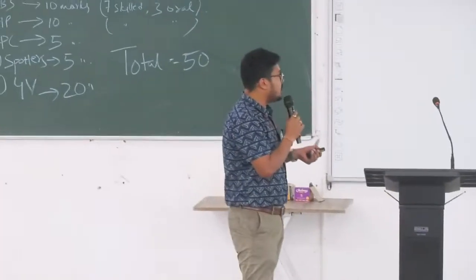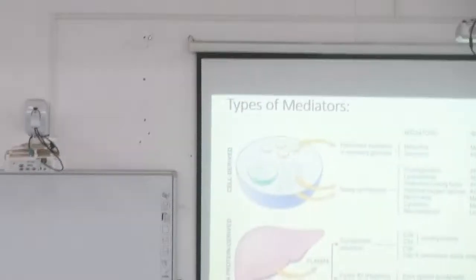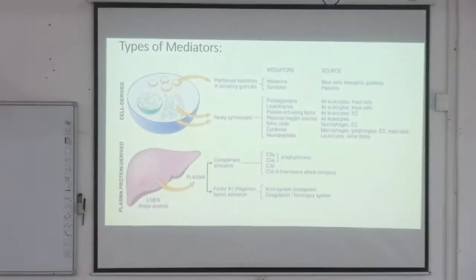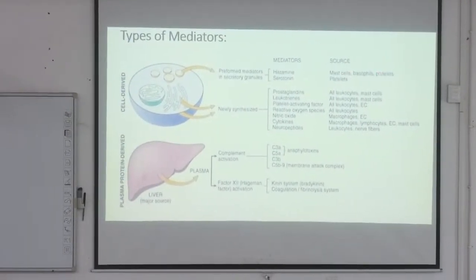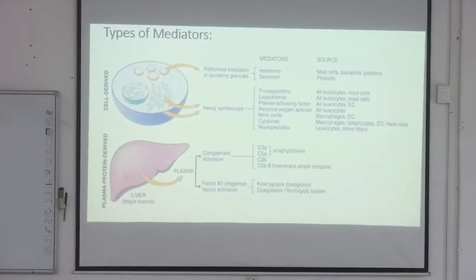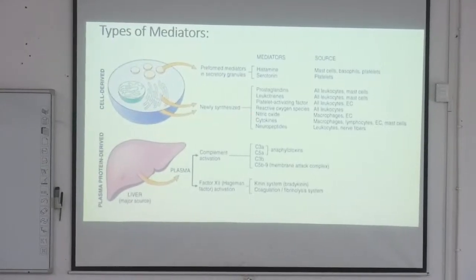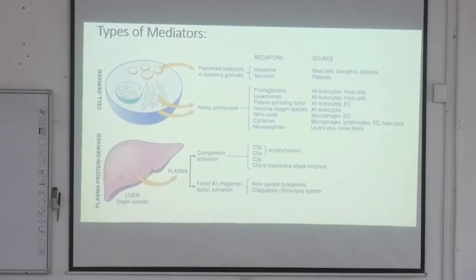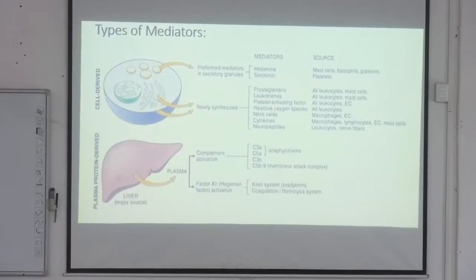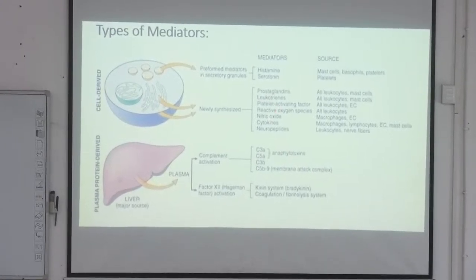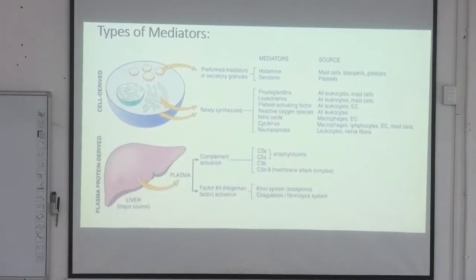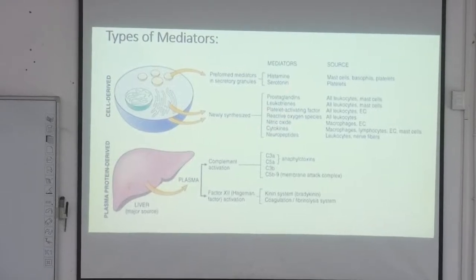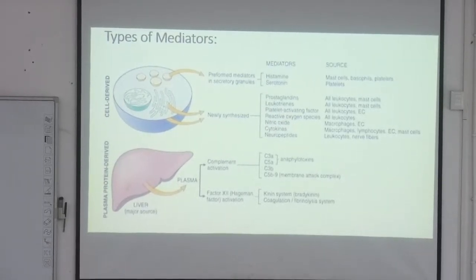The preformed mediators in secretory granules are histamine and serotonin, and their sources are mast cells, basophils, and platelets. Among the newly synthesized mediators there are prostaglandins, leukotrienes, platelet activating factor, reactive oxygen species, nitric oxide, cytokines, and neuropeptides. These mediators are all newly synthesized after the initiation of inflammation.